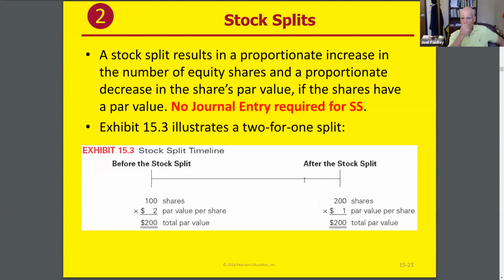All right, what are stock splits? Stock splits have no impact on your financial statements other than changing the par value. But stock splits happen whenever a company decides that their stock has reached a value that they want to lower. If you look back on Netflix as an example, Netflix had a 7-for-1 stock split several years ago because the stock price had gotten up to around $700 per share.